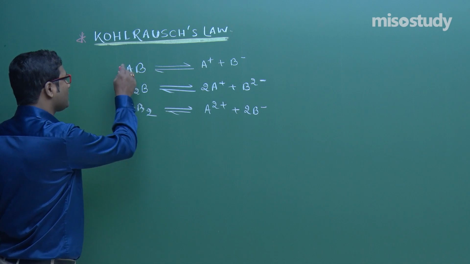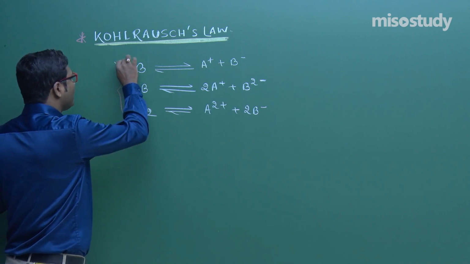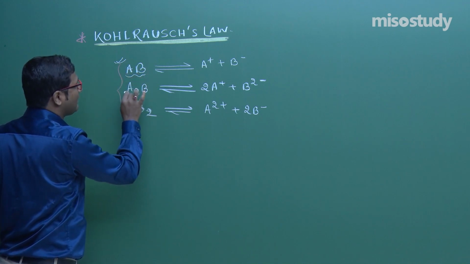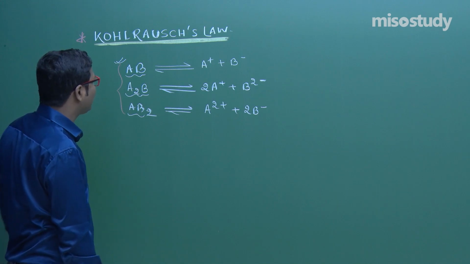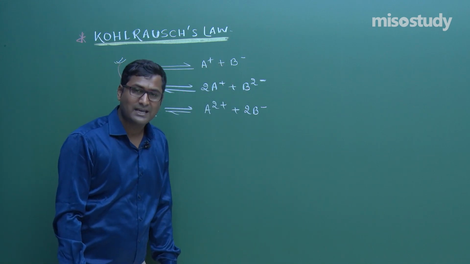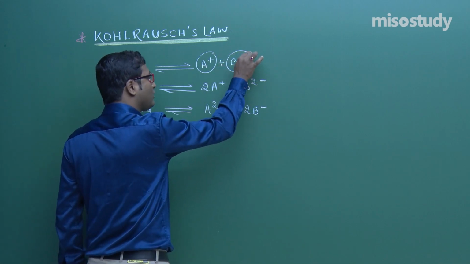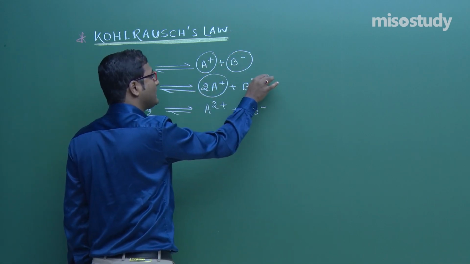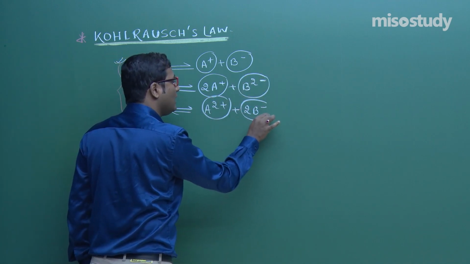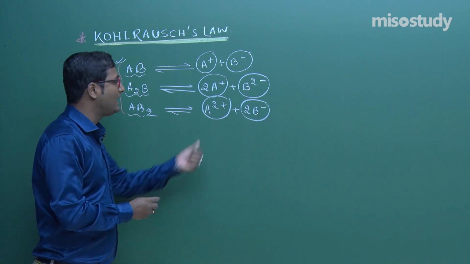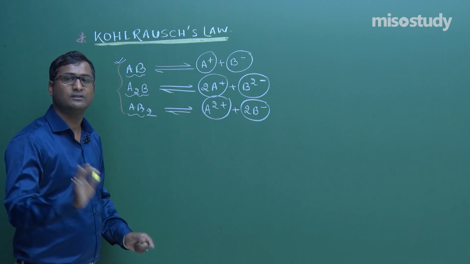Now, what does this law say? At infinite dilution, when complete dissociation of the electrolyte takes place, that is, the electrolyte dissociates into ions, each ion contributes towards the equivalent conductance or molar conductance of the solution, irrespective of the nature of the ion. That is, we will not discuss the nature of the ion.